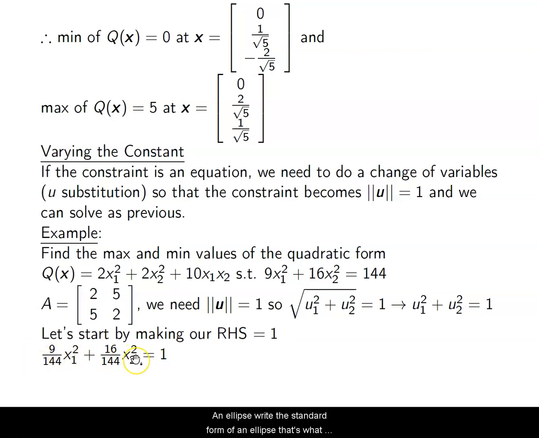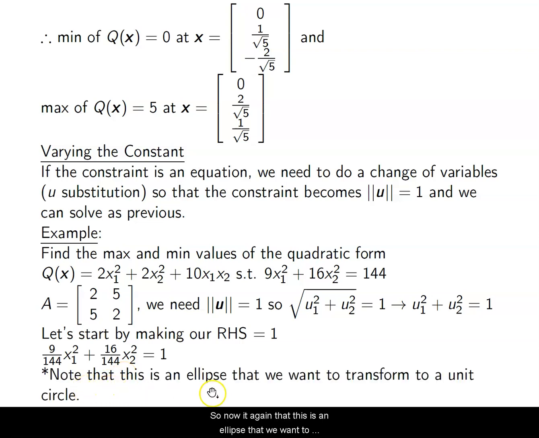The standard form of an ellipse, okay? I make the right-hand side equal to 1 by taking my constraint and dividing everything by what I would assume to be the radius of a circle, but it's not a circle, it's an ellipse, right? So now I have this form, okay?